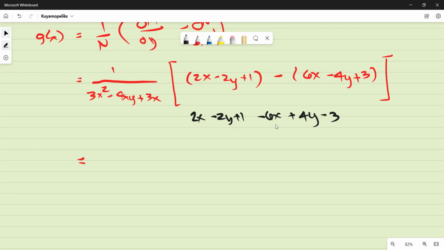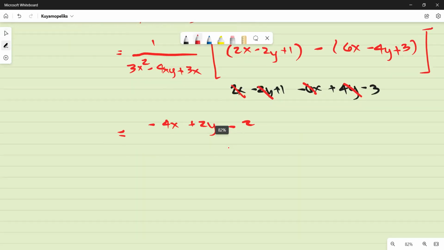That gives negative 4x plus 2y minus 2, all over 3x squared minus 4xy plus 3x.